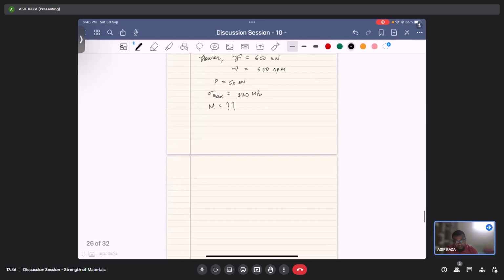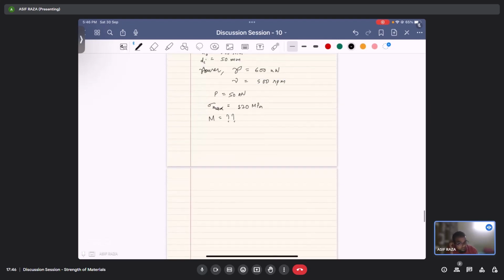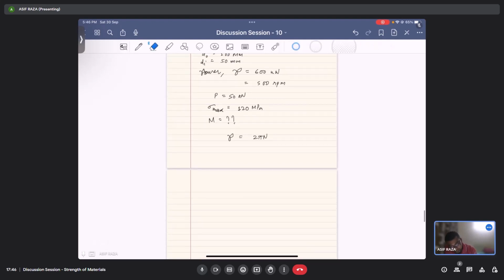So the first thing we need to find is what is the torque applied in this system. We are given the power, which is equal to 2 pi N by 60 times T, where T is my twisting moment.